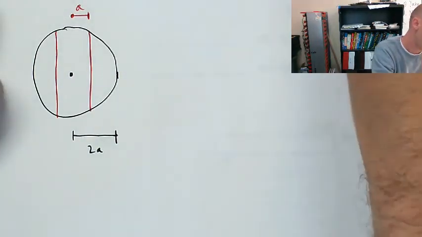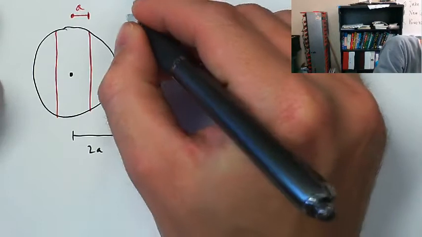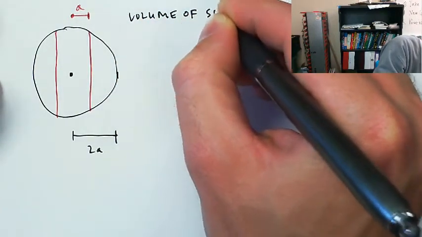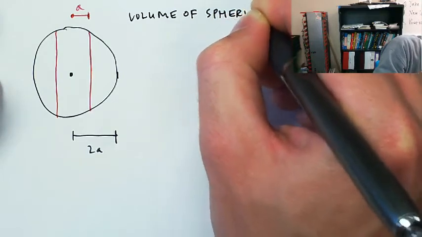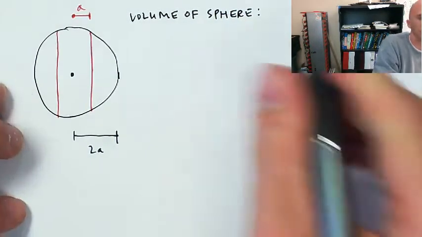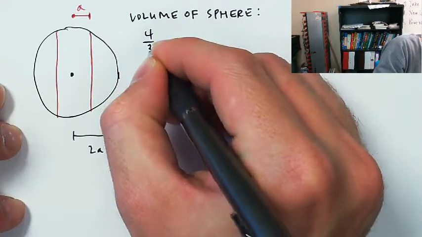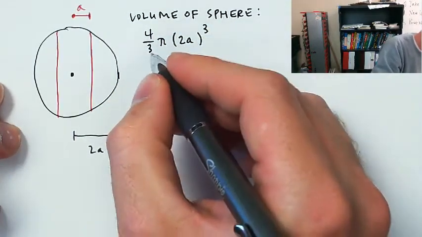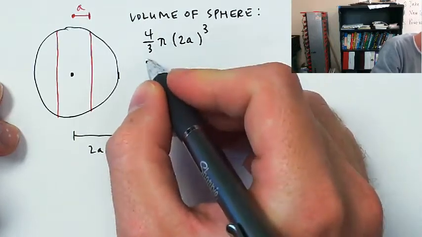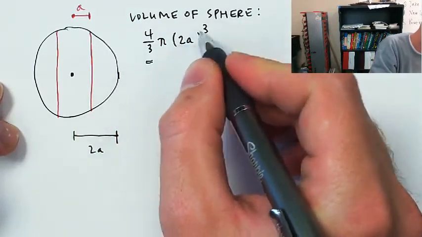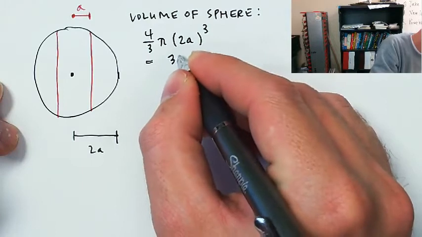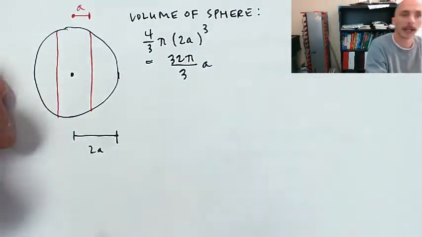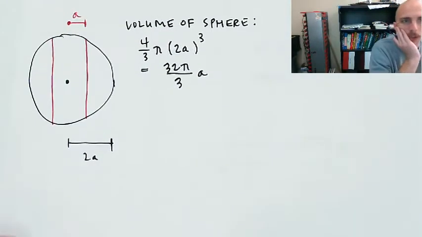Volume of sphere is 4/3 pi radius cubed. If I cube 2, I get 8, so it'd be 32 pi over 3 multiplied by a cubed.